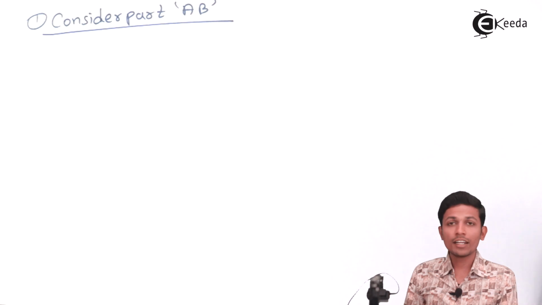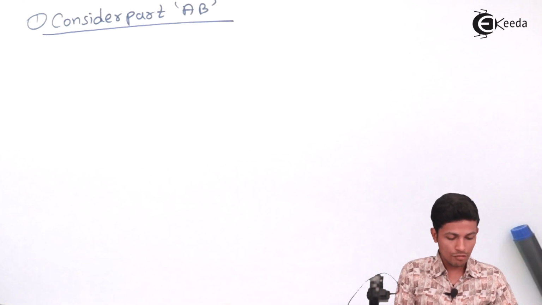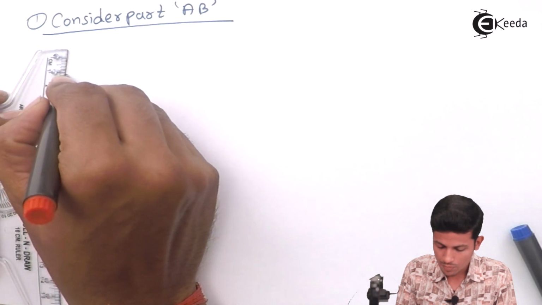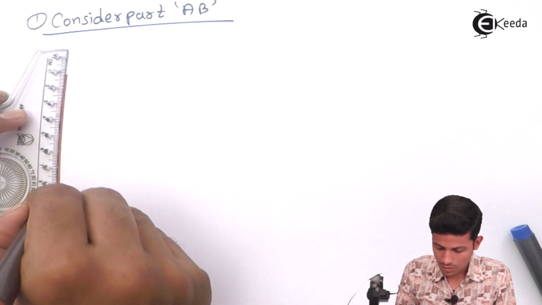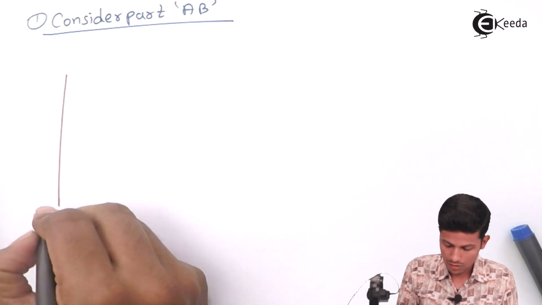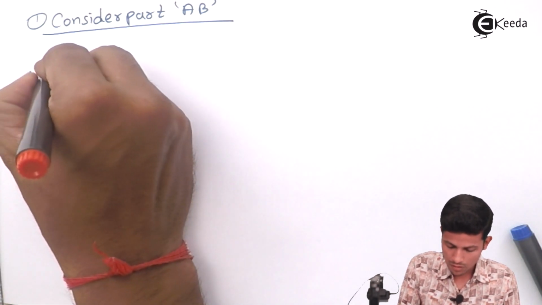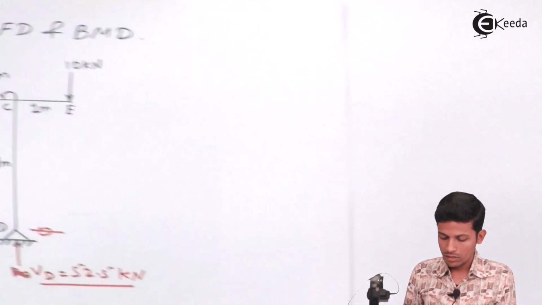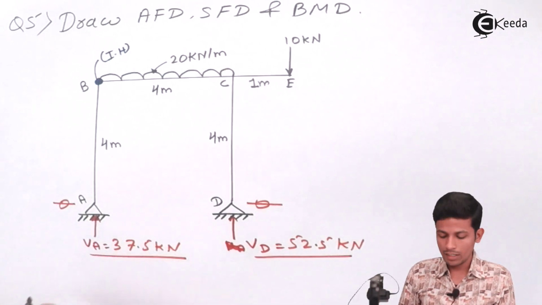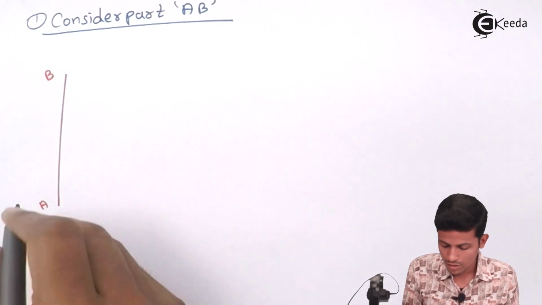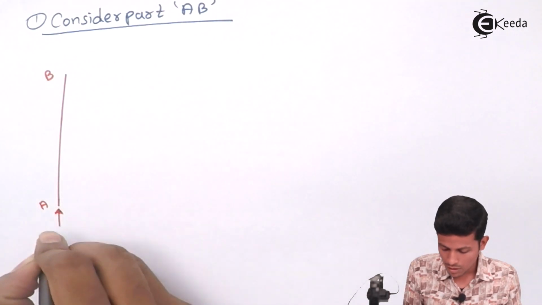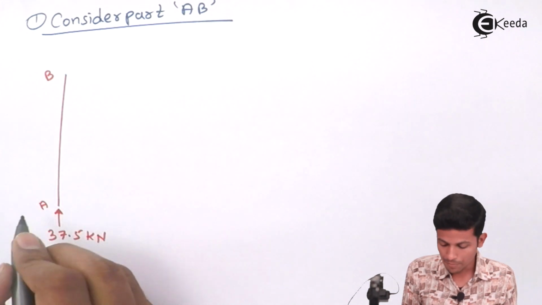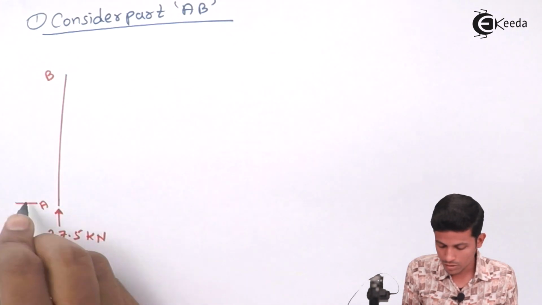Okay, now we are considering part AB first. Now draw the FBD of the AB part. Now just see, this is the given loading, 37.5 kilonewton going up. Now see, this will be 0 over here, this will be 0.